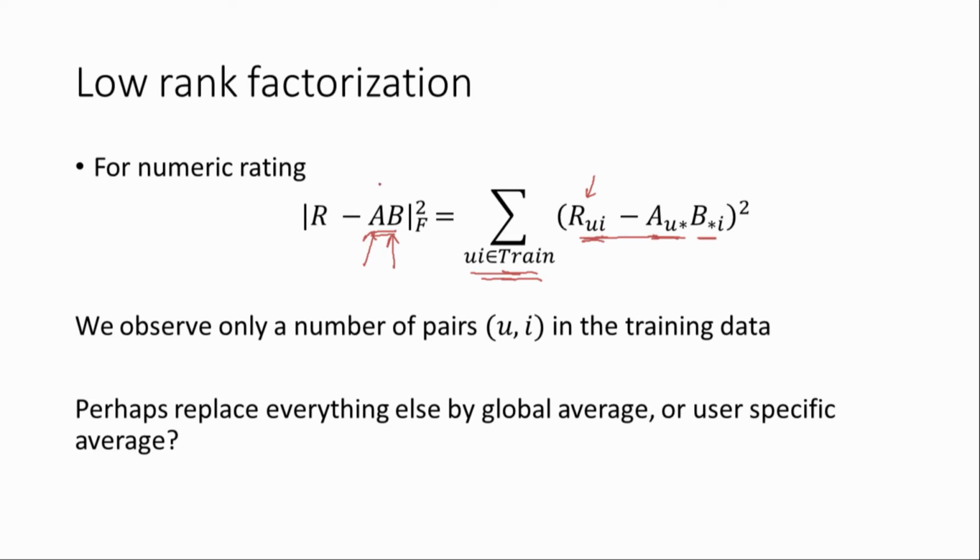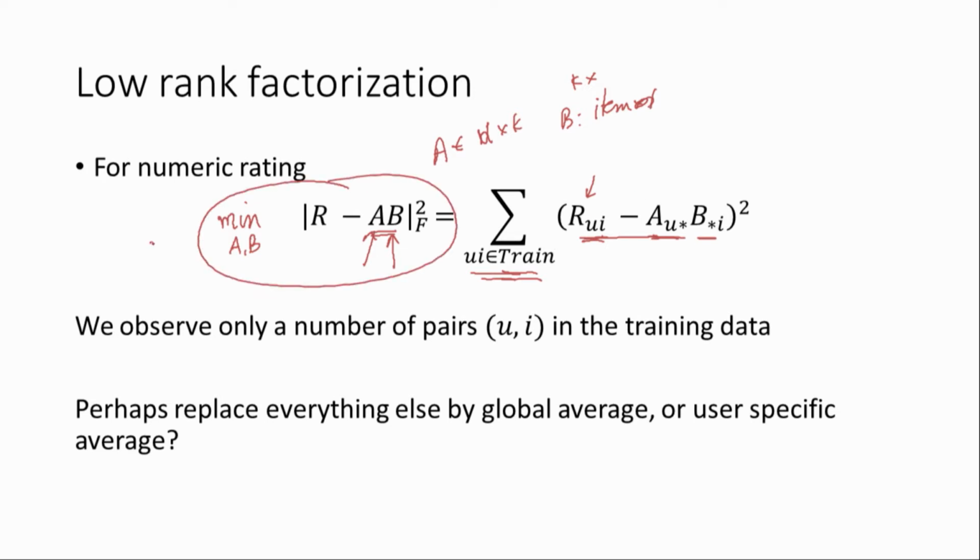And I'll try to find the A and the B so as to minimize this error. A will be of size user by K, and B will be of size K by item. Okay. So how can I solve this problem?